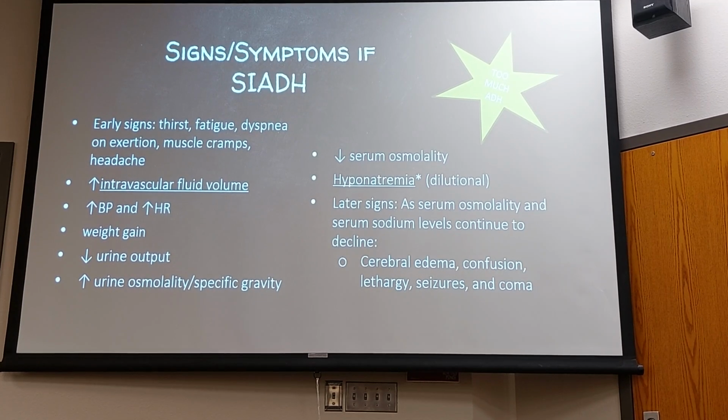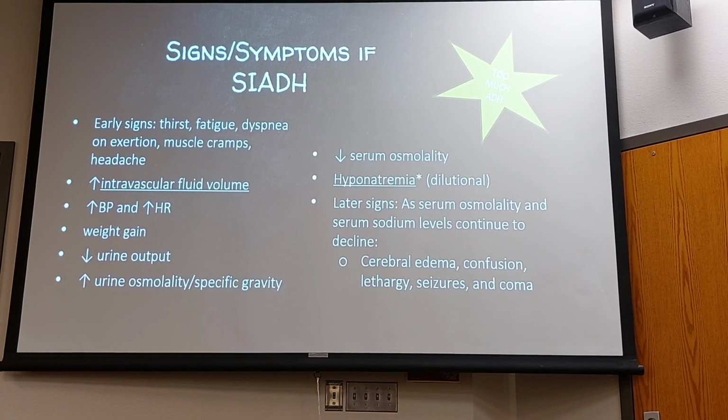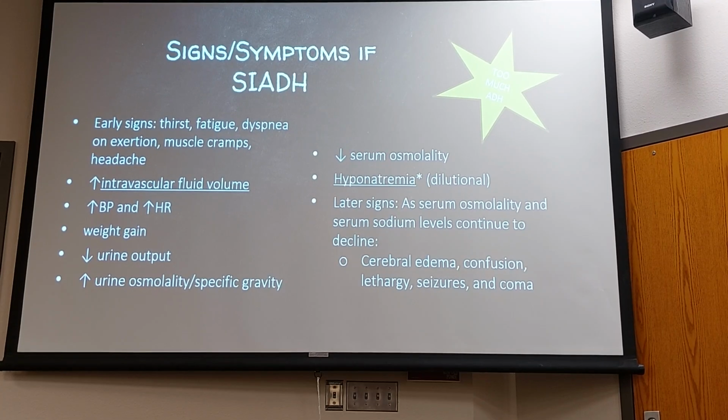So increased intravascular fluid volume and weight gain. We already talked about blood pressure. So if your blood pressure is up, your heart rate's going up, trying to compensate, trying to get some of that fluid off. And we talk about decreased urine output, because if everything's going to stay up in your vasculature, your kidneys don't want to let go of that fluid, you're not going to pee a lot of fluid out, right?